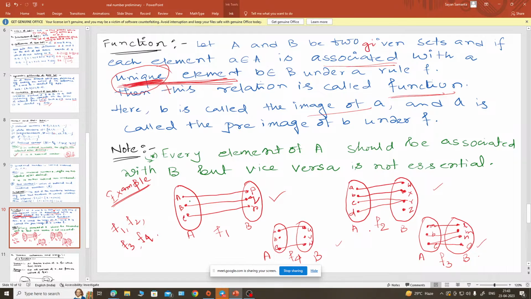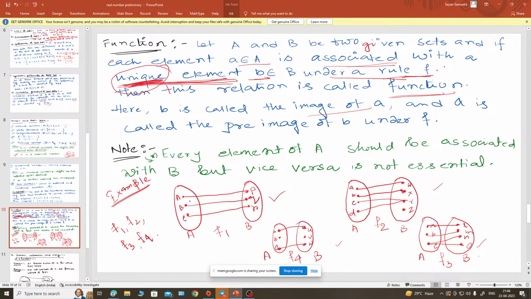Is the question clear to everyone? Any doubt? Everyone try and please comment which is a function or which is not a function. This is the main highlight: each element of A is associated with a unique element of B under the rule F. This is the main highlight.